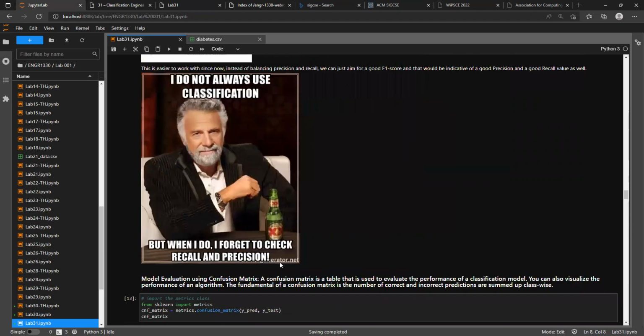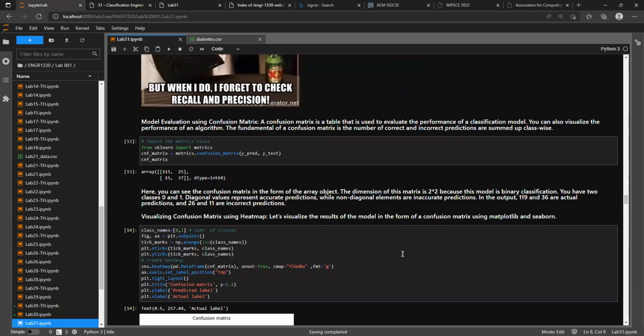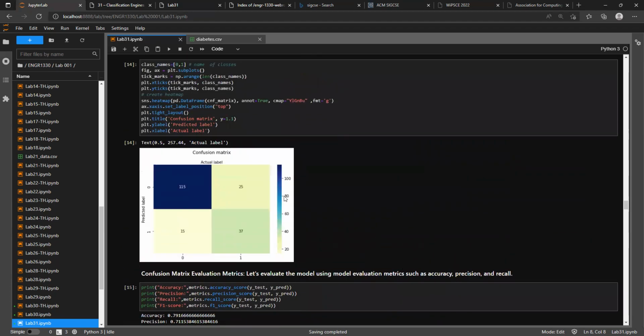The output we actually get looks like this. Now, it's kind of weird, right? Well, it's not once you understand what it actually is. This is a 2D matrix, and there are 2 elements to each axis, because our data is either diabetes or not. So here we have what is predicted by our model.